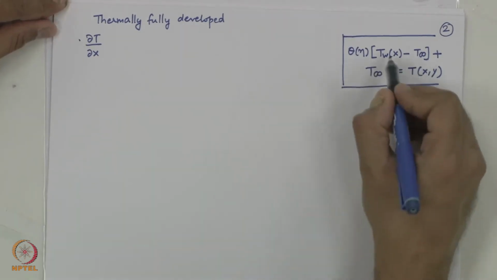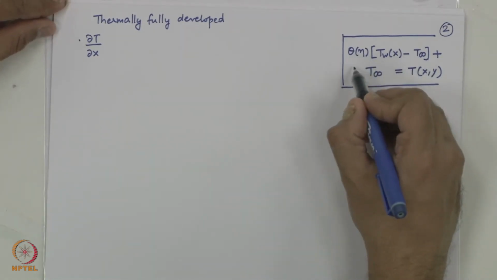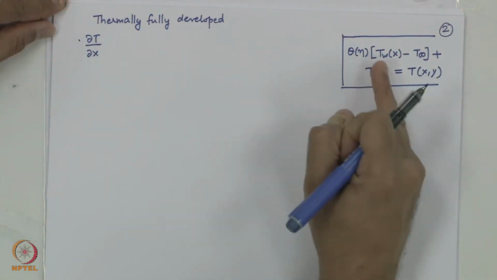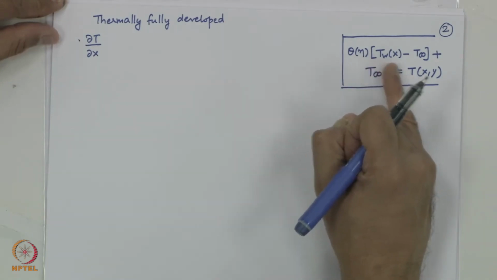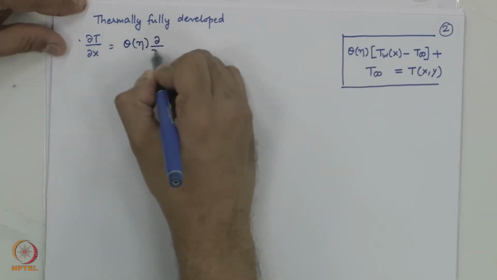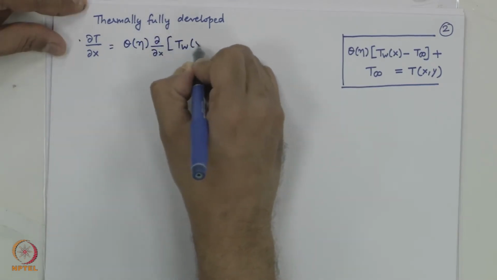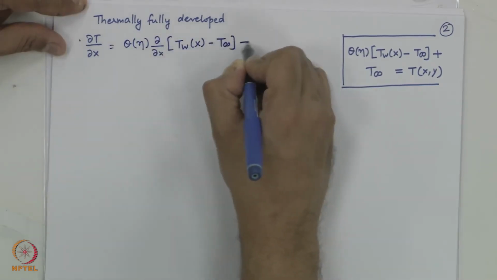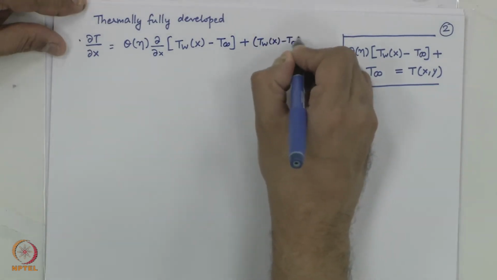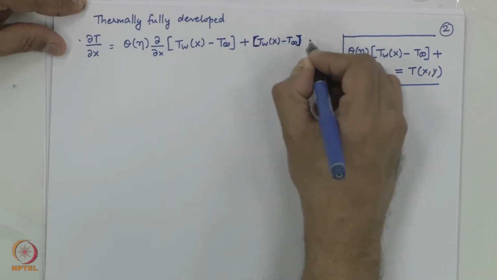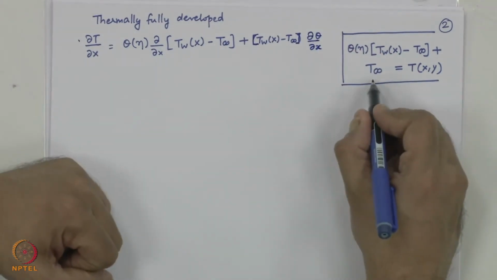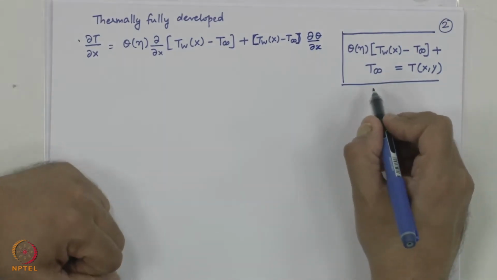So, this will be theta of eta d by dx of t wall of x minus t infinity, plus t wall of x minus t infinity d theta by dx. Of course, dt infinity by dx is 0, so we don't write that.